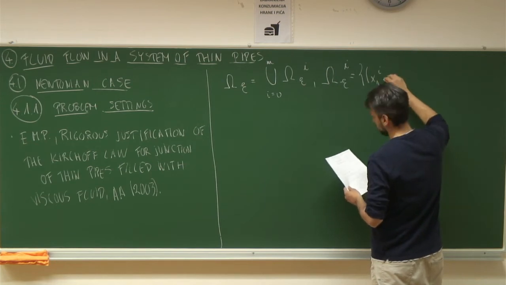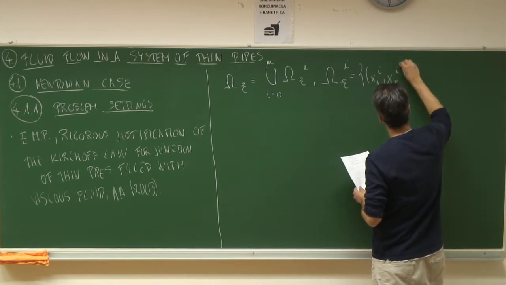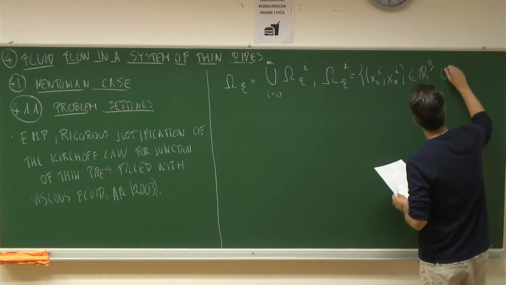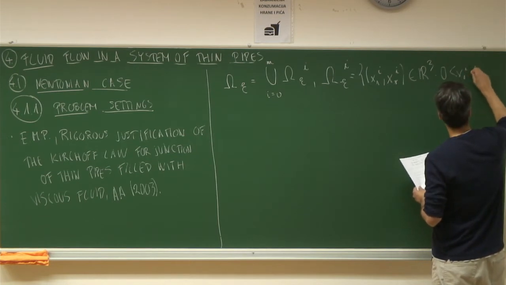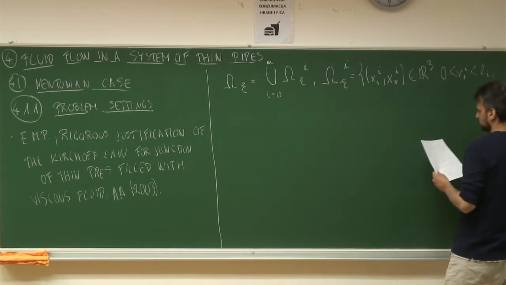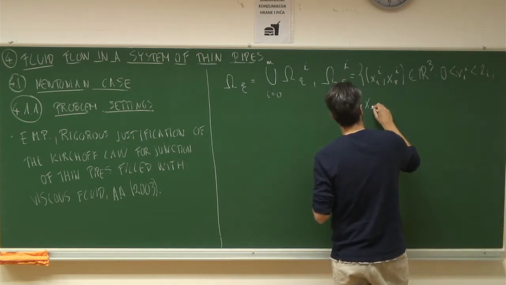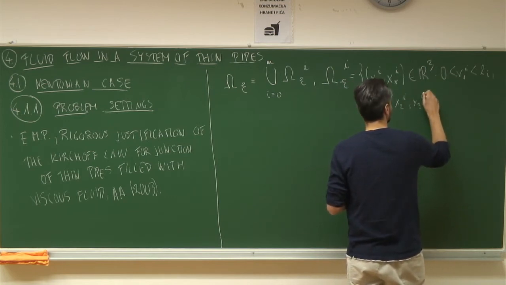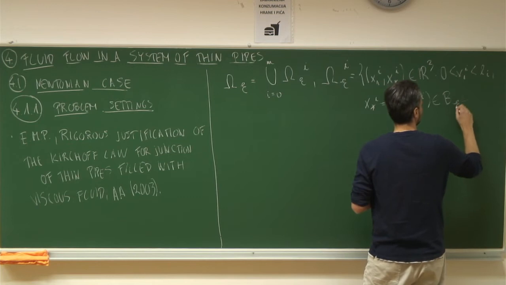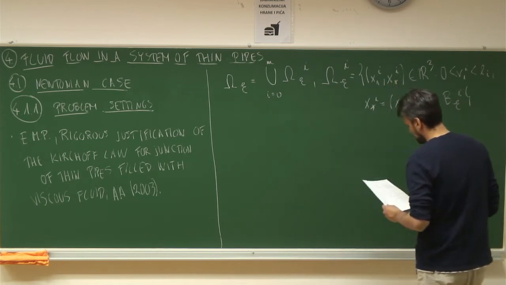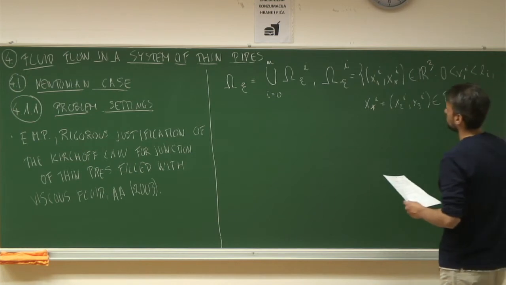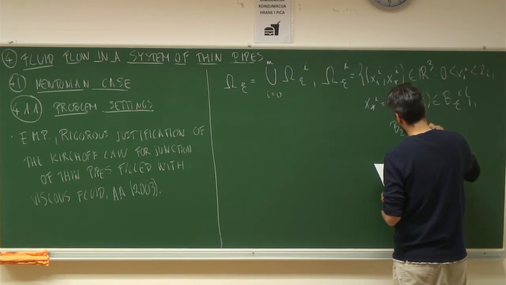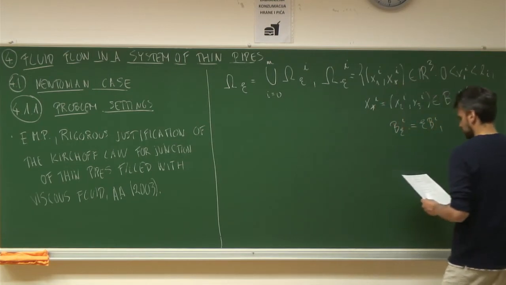So x1, x star i from R3. x1 is from 0 to L1. x star is from B epsilon i. Here this B epsilon i is epsilon Bi, where this is of course a circular domain, Bi.